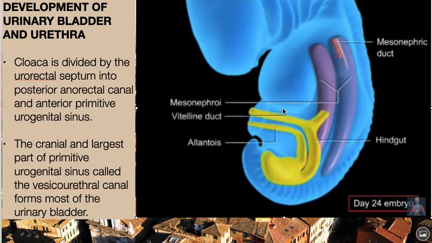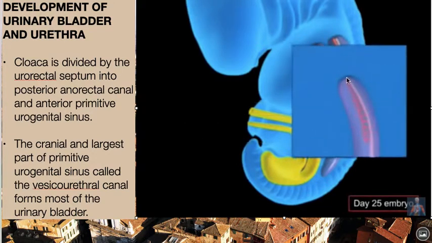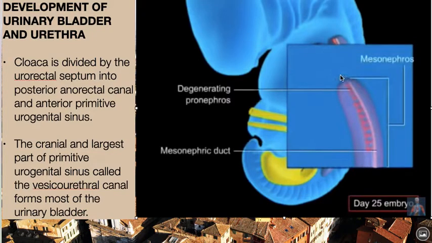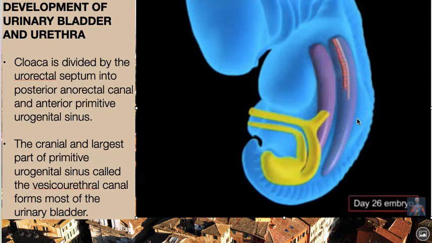Here is your allantois, mesonephros, hindgut part. So day 25, you can see these formations. This is basically the mesonephros, mesonephric duct with the degenerating pronephros. Further, it moves on to day 26.